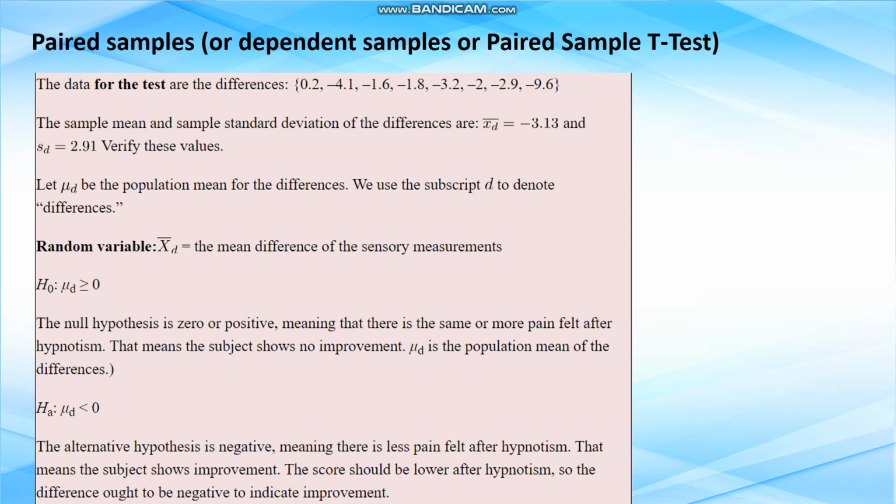You get x bar d equal to minus 3.13 and the standard deviation is 2.91. Let mu d be the population mean for the differences. We use the subscript d to denote difference. So the random variable x bar d means the mean difference of the sensory measurement.